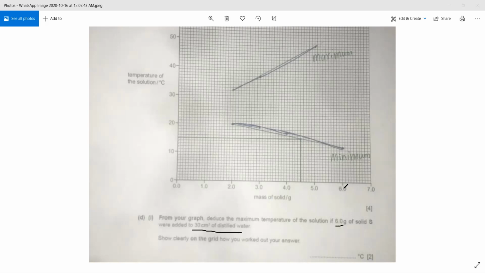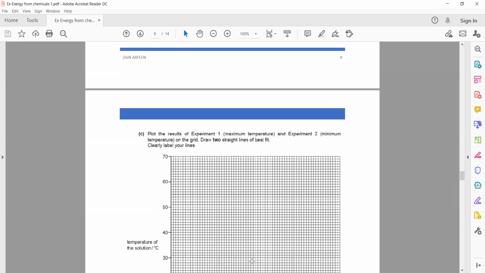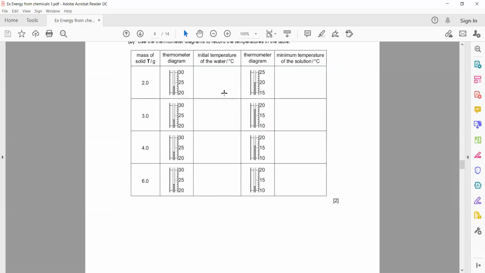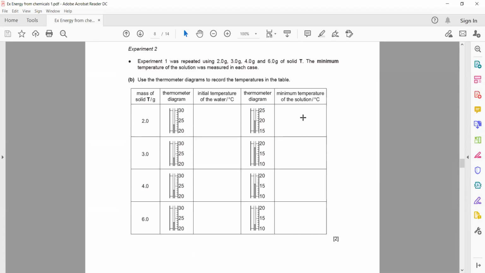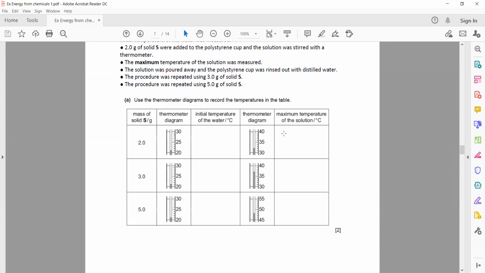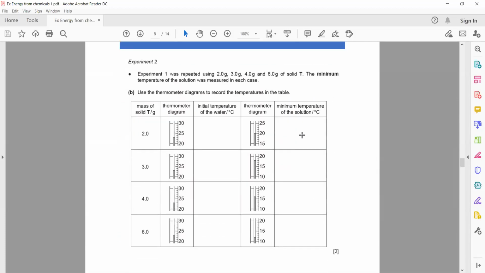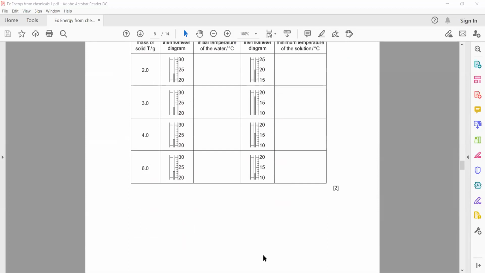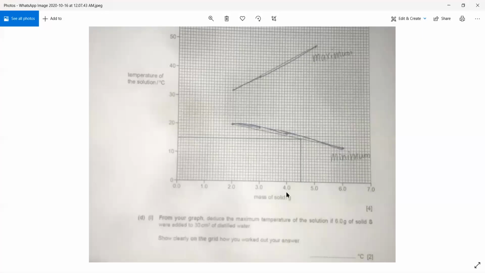If you check the values, you have the initial temperature and minimum temperature of a solution, and you have the initial temperature and maximum temperature of a solution. In the question, we need a maximum temperature.